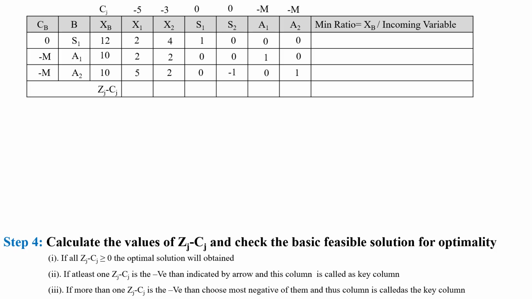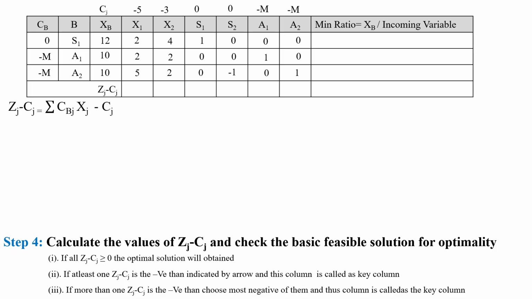If more than one Zj minus Cj is a negative value, then we have to choose the most negative of them, and this column we are calling the key column. So first we have to calculate Zj minus Cj, which is equal to the summation of Cbj xj minus Cj.